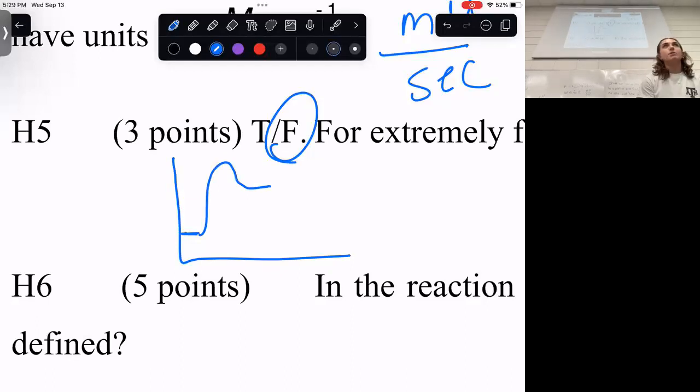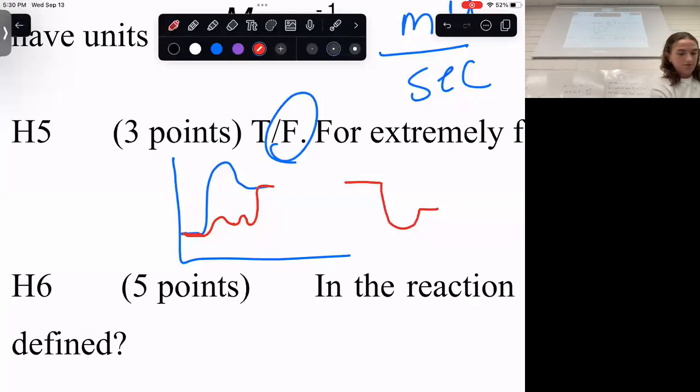A catalyst might happen where we then have your reactant still here, but then we go through 2 other little humps and that gets us over to here, right? Something like that. So your activation energy will always be positive. It can never be negative. We can't go this way. It just doesn't work like that.